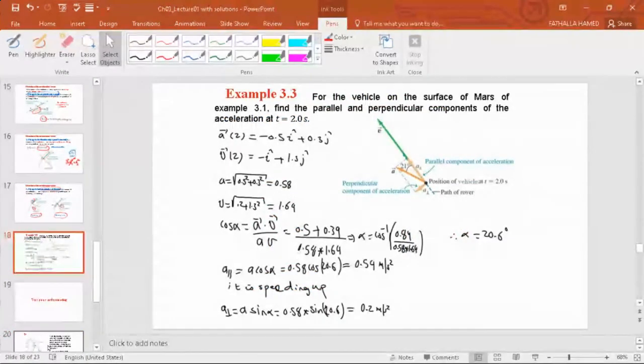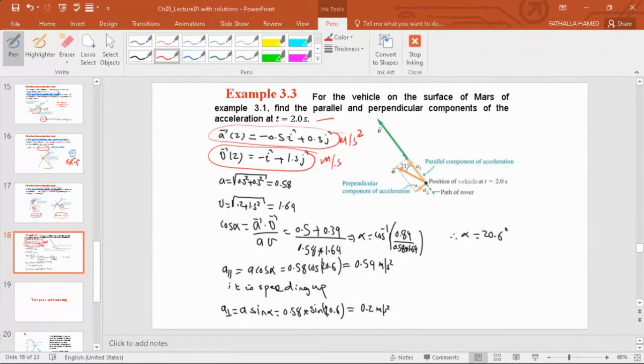So in this example here, for the example that we have in 3.1, they ask us to find the parallel and perpendicular component of the acceleration at 2 seconds. Now, this is our acceleration that we did previously at 2 seconds, in meters per second squared. And this is our velocity at 2 seconds, in meters per second.